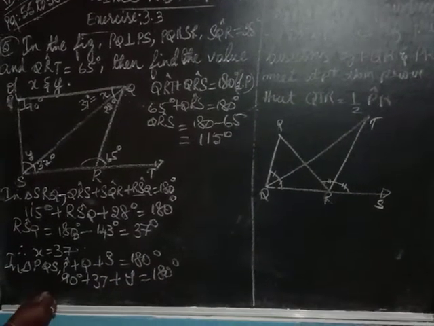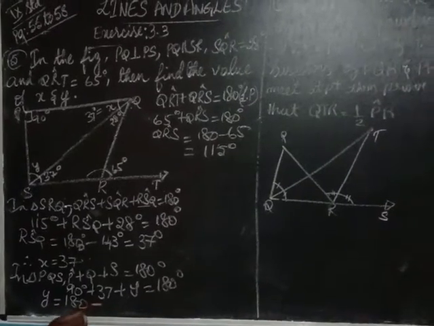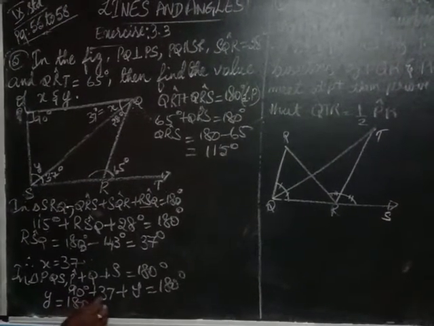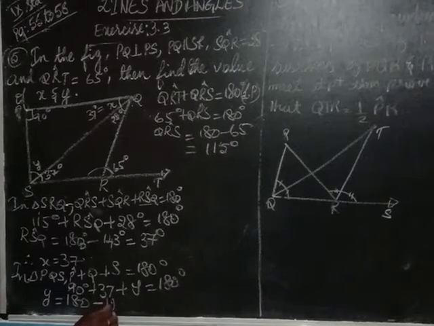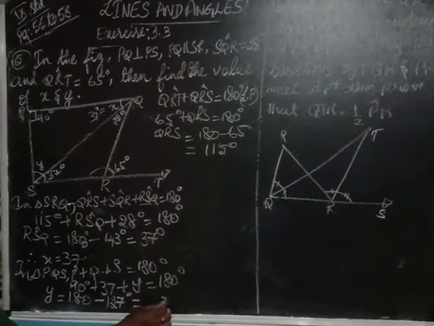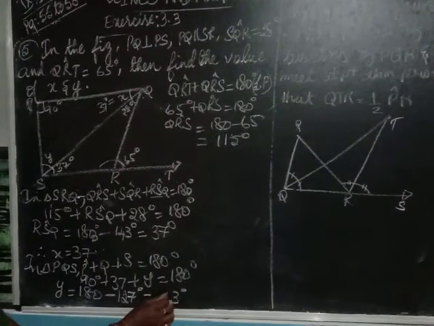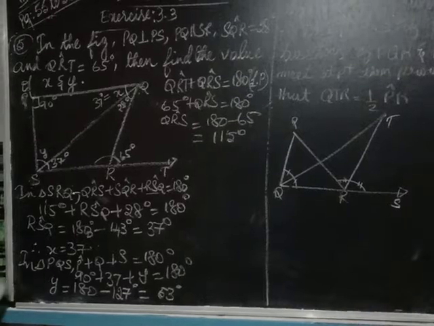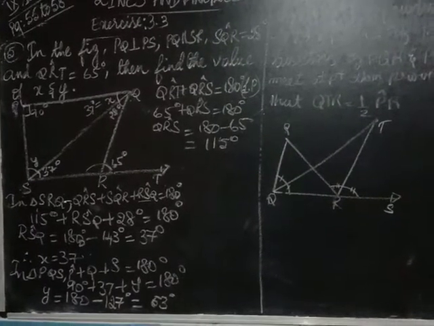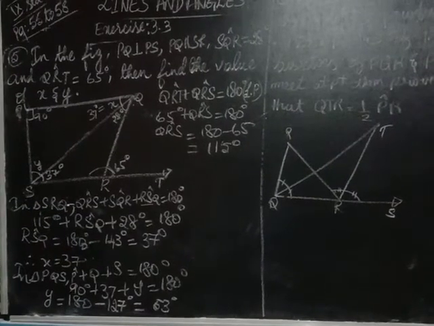So angle Y is equal to 180 minus 127, that is 53 degrees. Okay, Y is 53 degrees. This is the answer for the fifth problem.